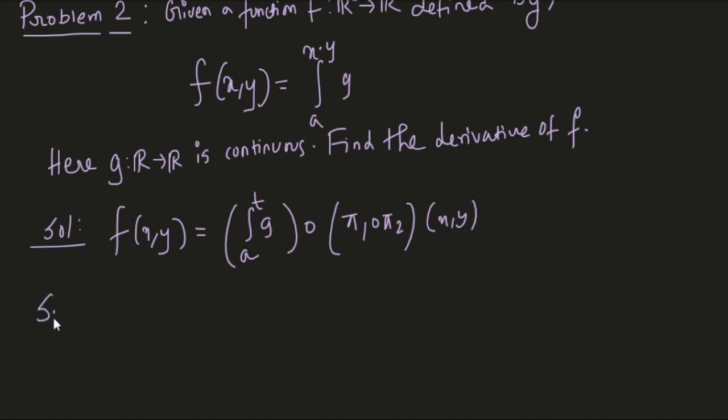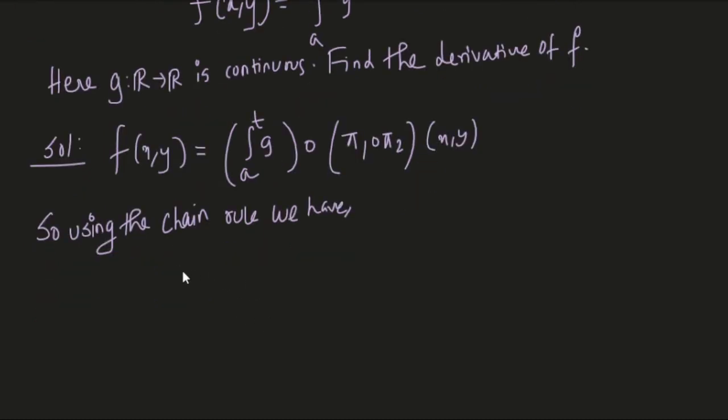So using the chain rule, we have df at the point (a, b) is basically the derivative of the integral from a to t of g at the point (a, b).